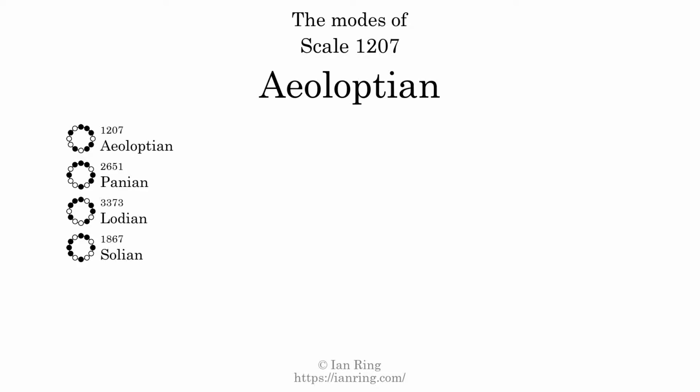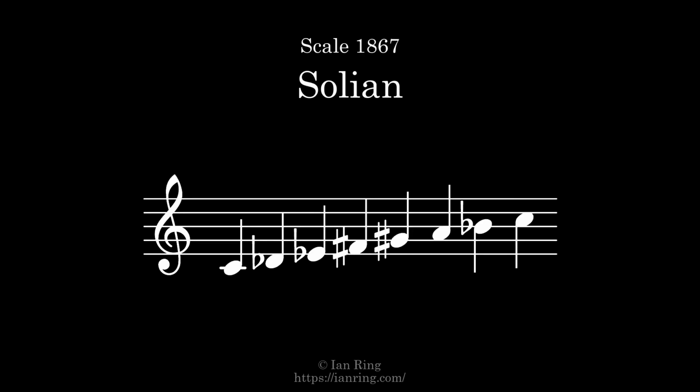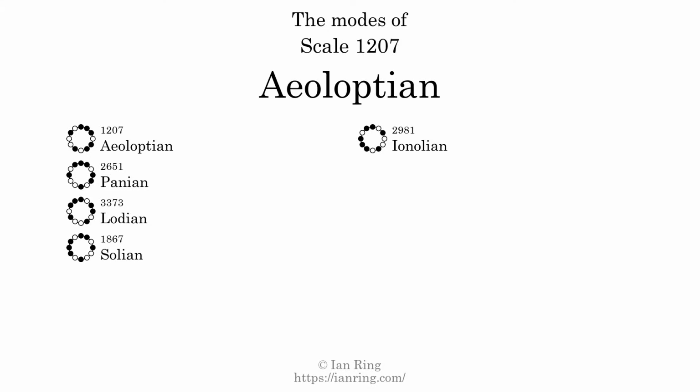The fourth mode is scale 1867, also known as Solian. It sounds like this. The fifth mode is scale 2981, also known as Arnolian. It sounds like this.